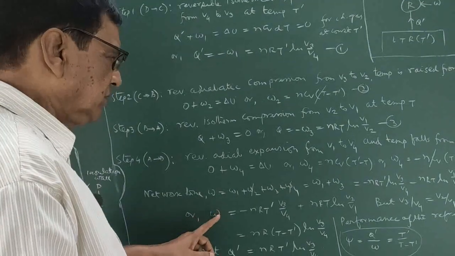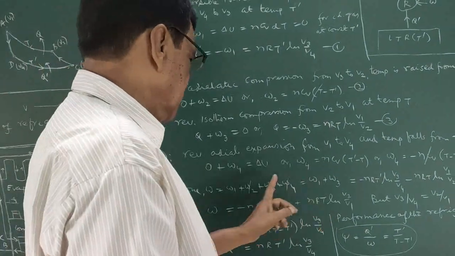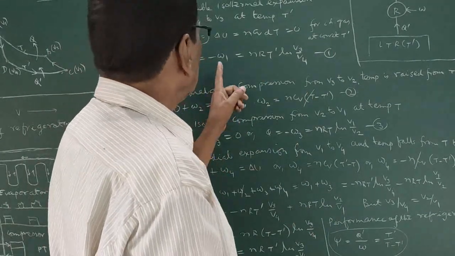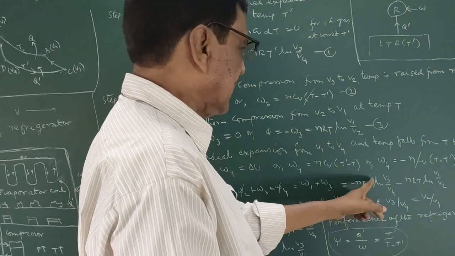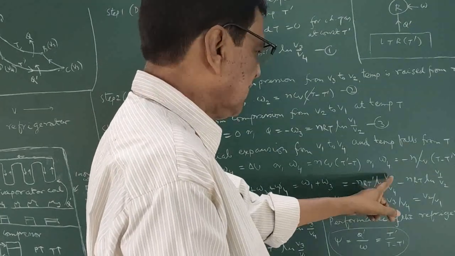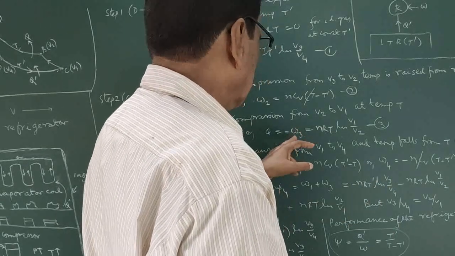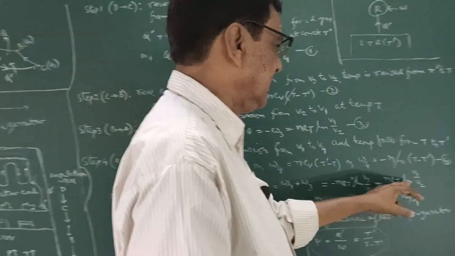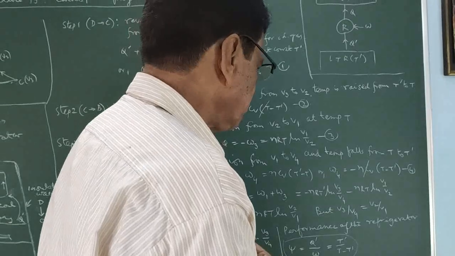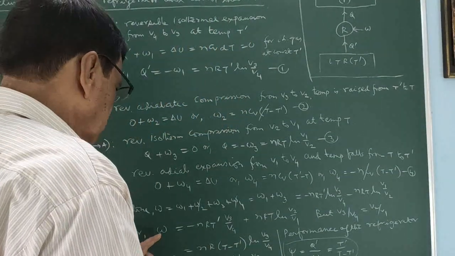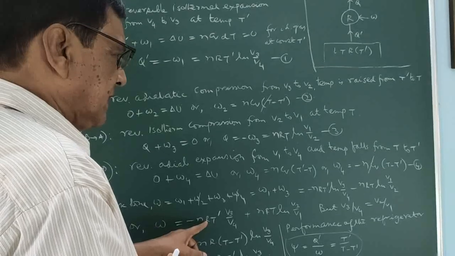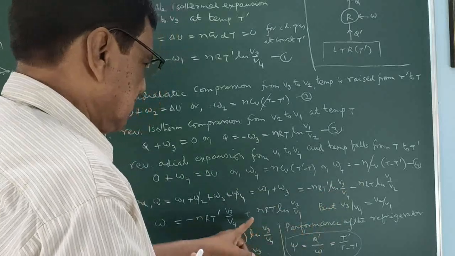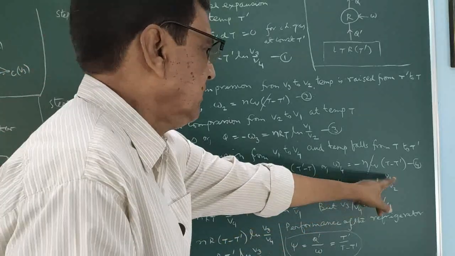So W equal to W1 plus W3, and putting these relations here, W1 equal to minus nRT dash ln V3 by V4, and W3 equal to minus nRT ln V1 by V2, or W equal to minus nRT dash ln V3 by V4, and if we take a plus, then nRT ln V2 by V1.